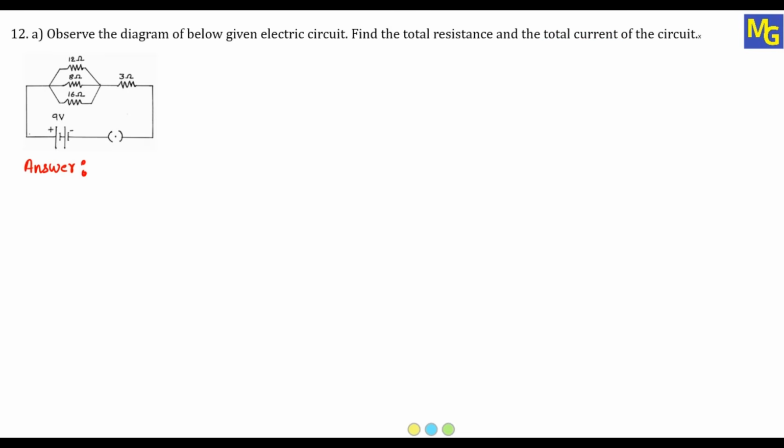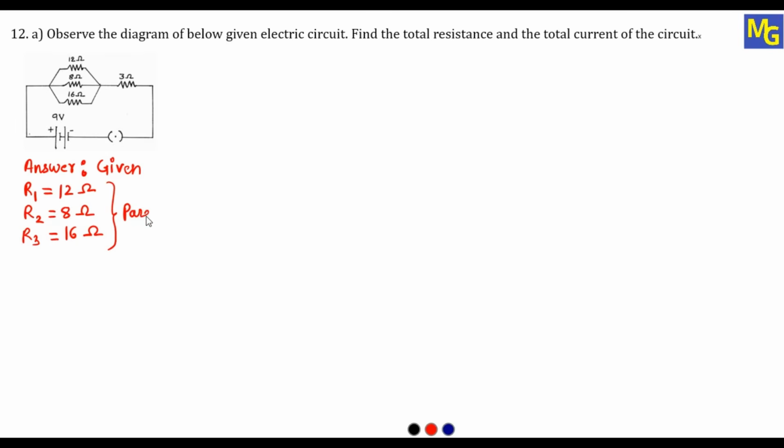First we will write down all the given values and then we will start solving. So here we will write given. We have four resistors. The resistors which are connected in parallel, we will write as R1 12 ohm, R2 8 ohm, R3 16 ohm, and these all are connected in parallel.